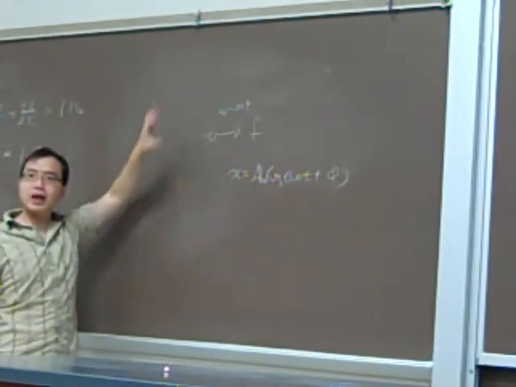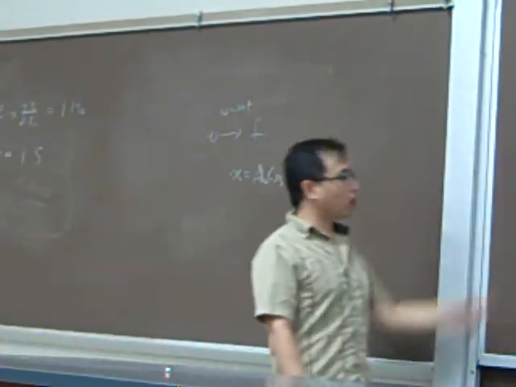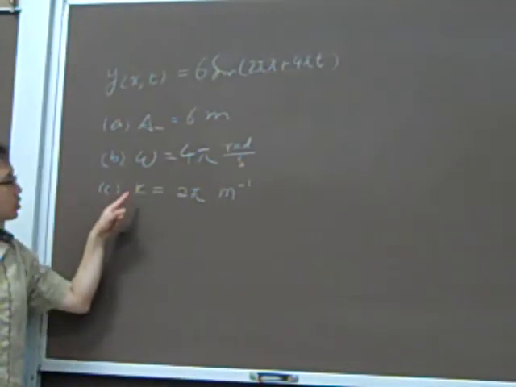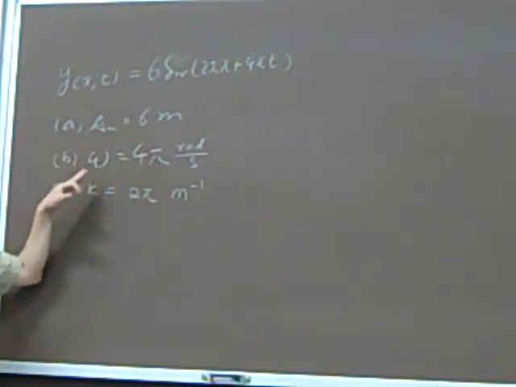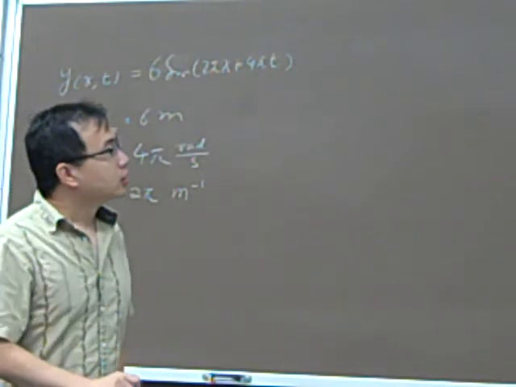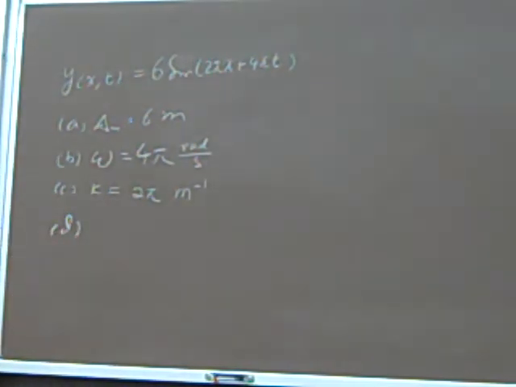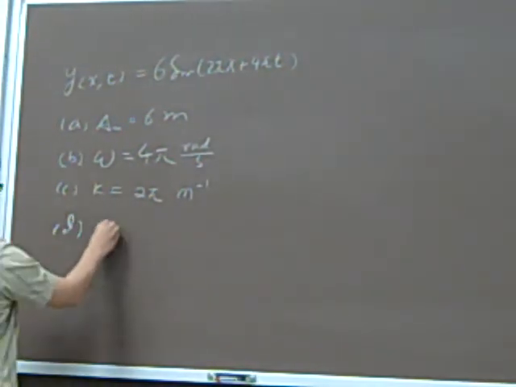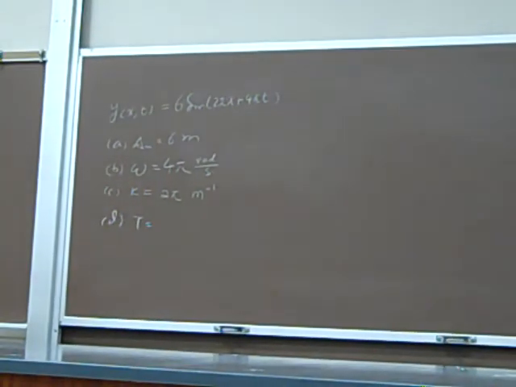From omega, you can calculate a bunch of other quantities. And for the wave, omega is still important, but there is another important quantity, k. So if you want to calculate all other quantities, you need to know both the angular frequency omega and wave number k. Okay? So now, D, to determine the period T, which quantity here can enable us to calculate period T?